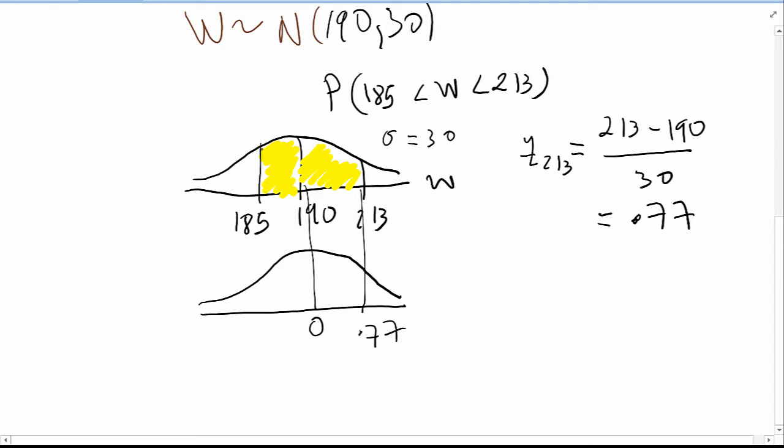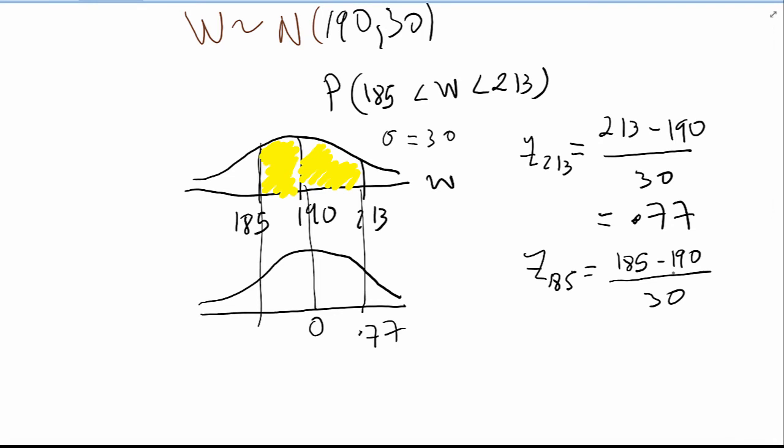And then the z-score of 185 is going to be 185 minus 190. It's going to be negative, to the left of 0. So 185 minus 190 divided by 30 gives me 0.167, so 0.17 negative.